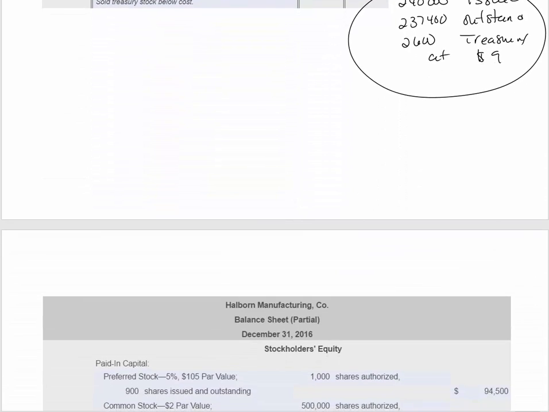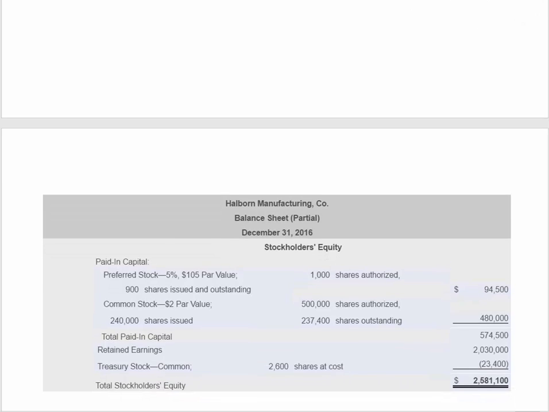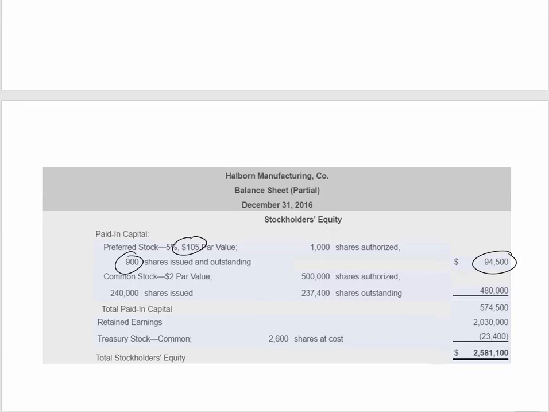So if we look down here, the preferred stock didn't change, right? So the preferred stock is the 9,000. So this is how the balance sheet will always look. 5%, $105 par, 900 shares issued and outstanding, 1,000 shares authorized. So the 900 shares times the 105 is what gives me 94.5. Now we get to the common stock.